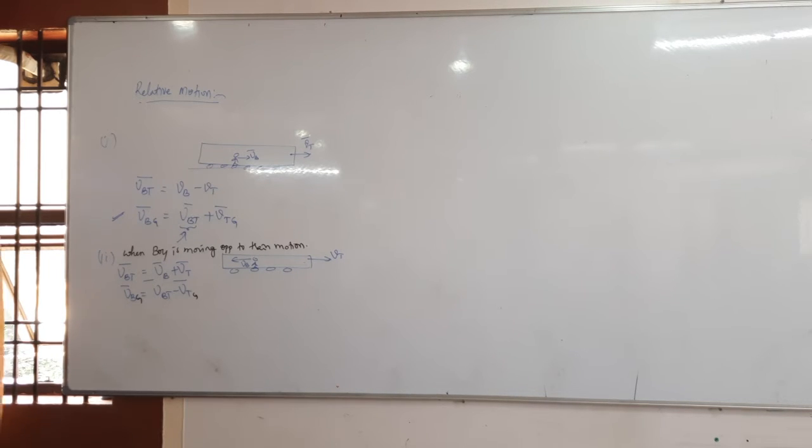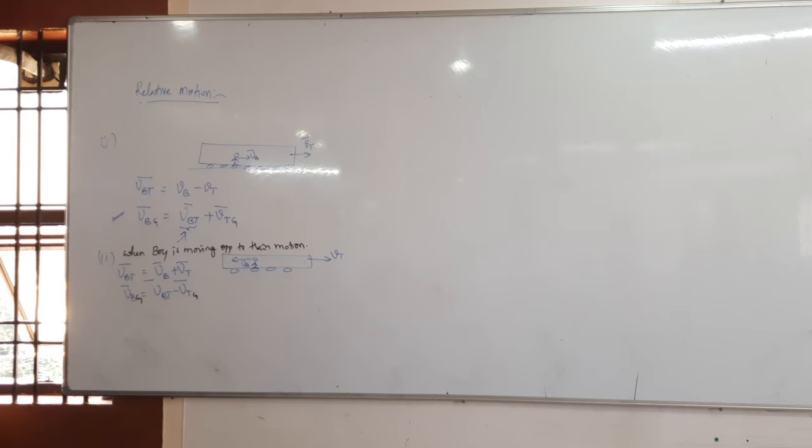A train is moving with a velocity of 15 meters per second, and a man is walking on the train at 1.2 meters per second.